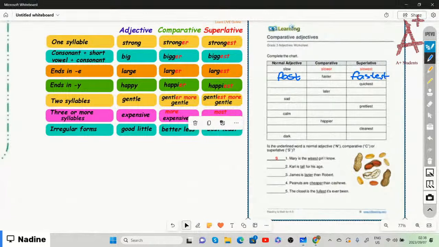And then we have quickest as superlative, right? Quickest comes from the normal adjective of quick. And if we compare two things, people, places, then we say it's quicker.